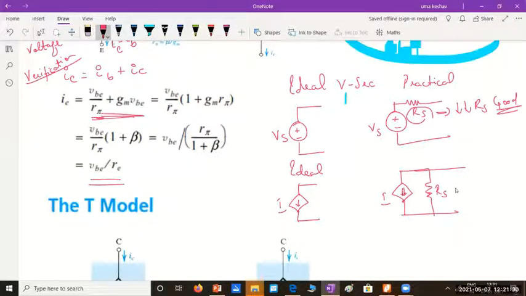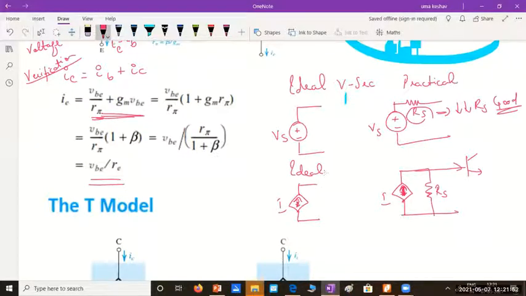And if I want maximum current to go to the circuit, so if you have a current source in this direction, let me take the opposite, if I want all the current to go to the circuit, then what should happen to the value of this resistance?